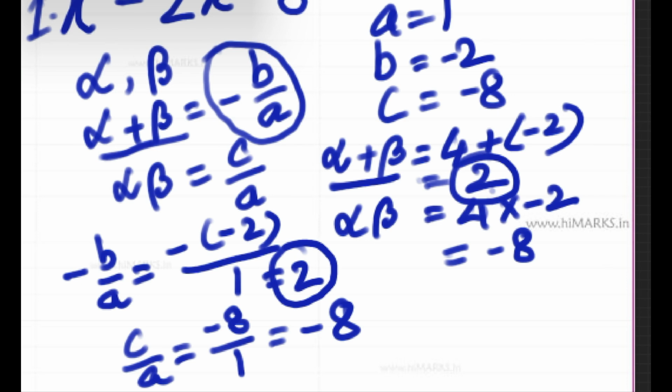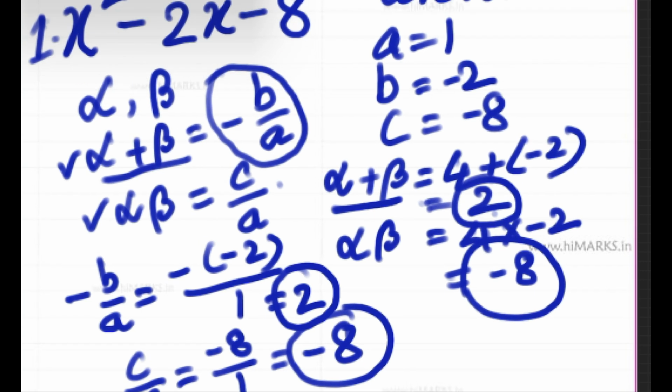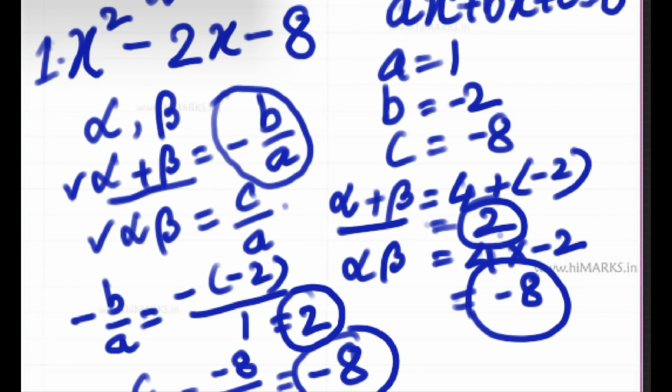So alpha beta is minus 8, and c by a is also minus 8. That means this relation is also true. These are the two relations, and again they are proven with respect to the given equation x square minus 2x minus 8. Both the relations are correct.